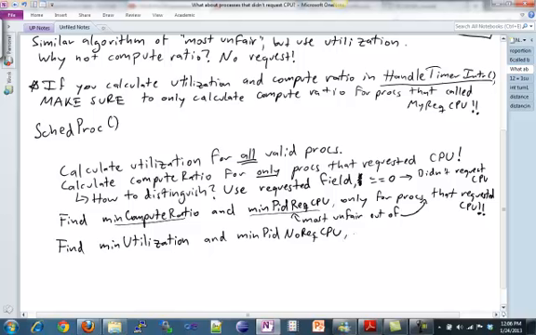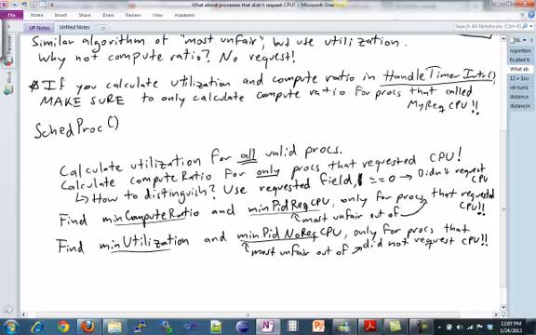And this is only for processes that did not request CPU. Okay? And then this process is going to be the most unfair out of all processes that did not request CPU.